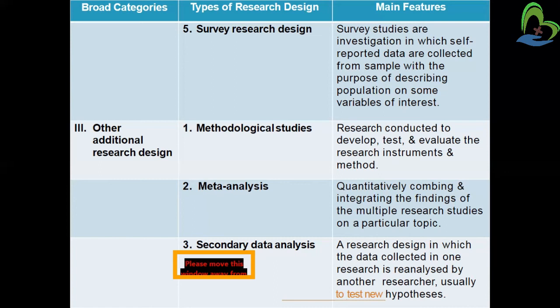Lastly, secondary data analysis, in which data collected for one research study is reanalyzed by another researcher, usually to test a new hypothesis. So these are the other additional research designs.